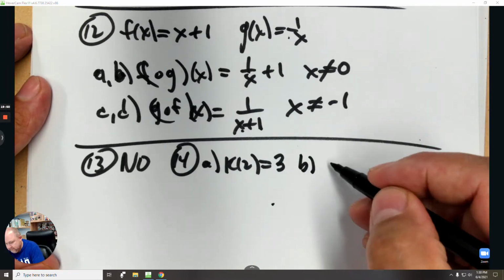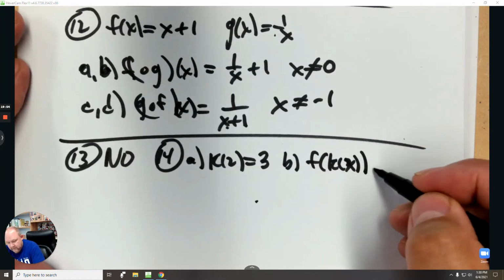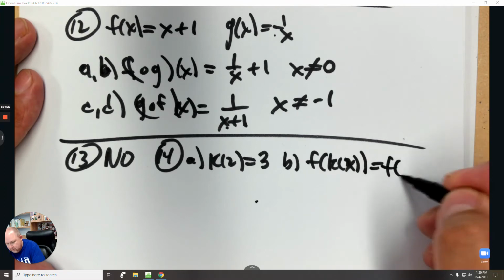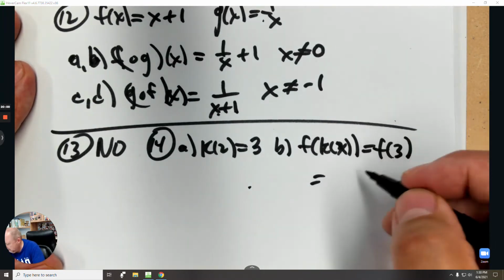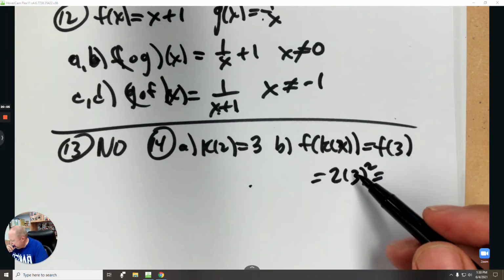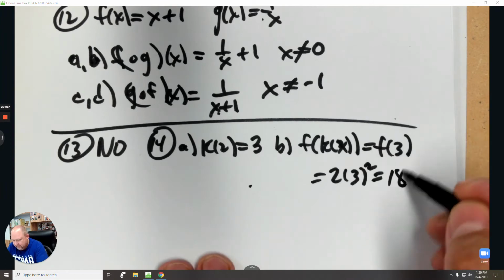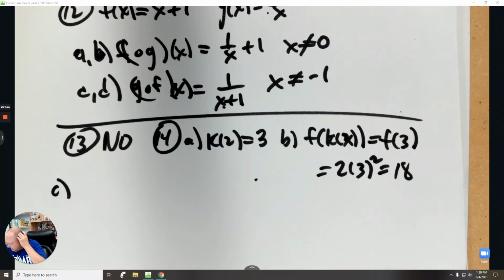For b, f at k at x, since k at x is always 3, what you're really evaluating is f at 3. And when you plug 3 into the f function, it's 3 squared, which is 9, and then times 2, which is 18.